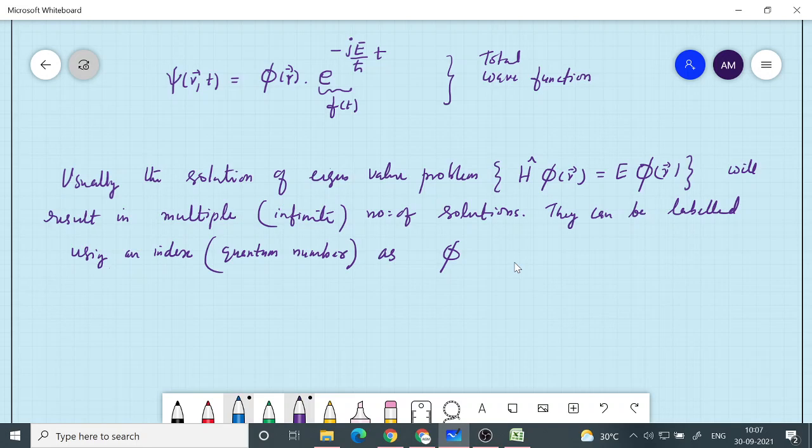Say for example, phi with a suffix 1. So that label that we add, that 1 is an index.